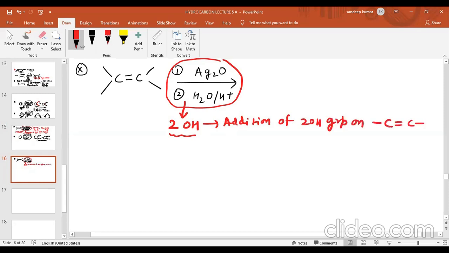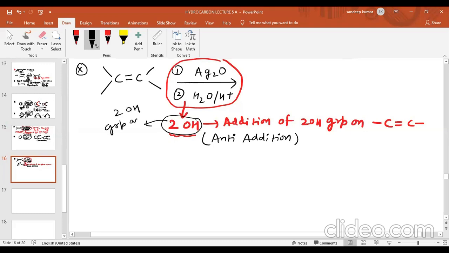Now this reaction will follow anti addition. Anti addition means the OH group will come from opposite side of plane. These two OH groups are in opposite plane.